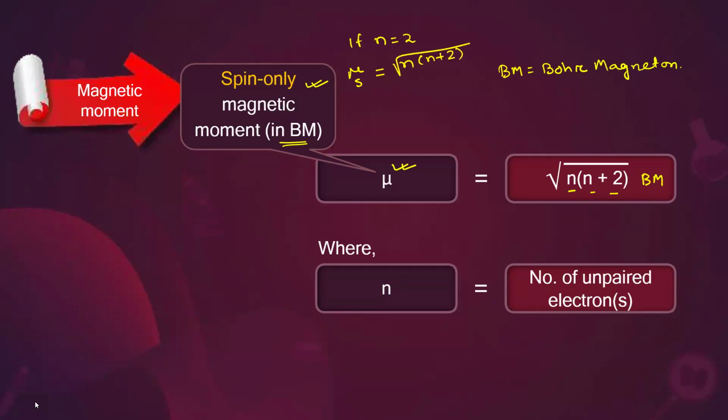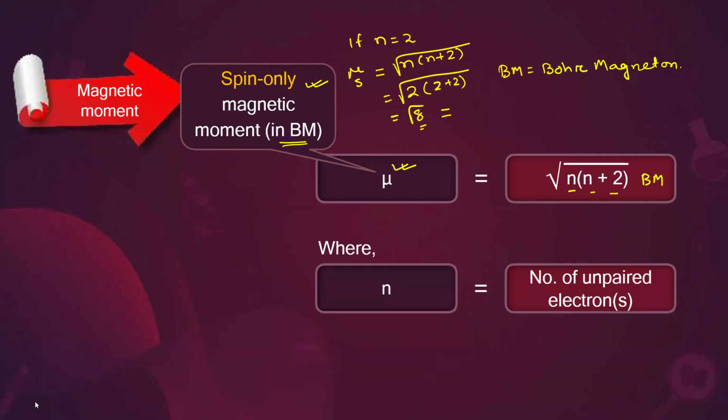Put the value of n here: 2 into 2 plus 2 is equal to 8. It will be coming as root over of 8. So you will get a number like this.